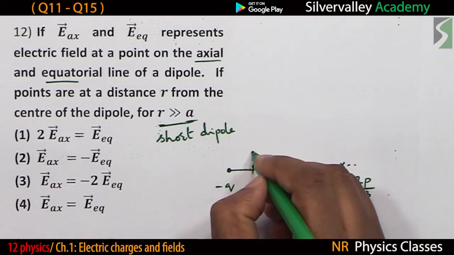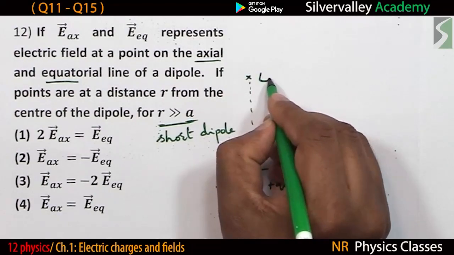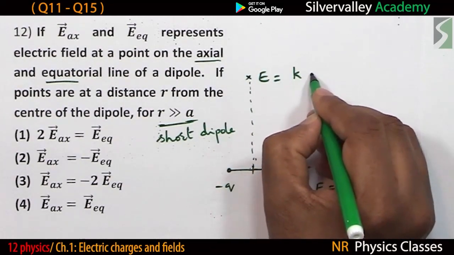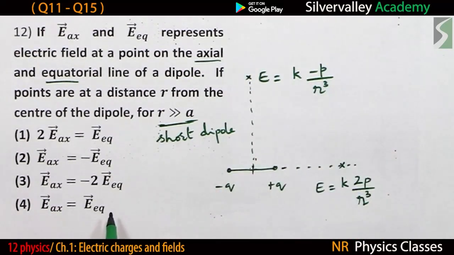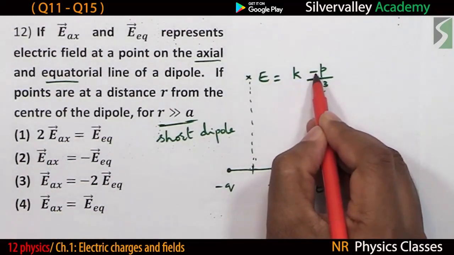At the same distance on the equatorial line, the electric field is constant minus p by r cube. What is the meaning of the negative sign here?